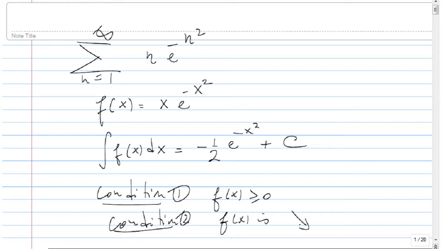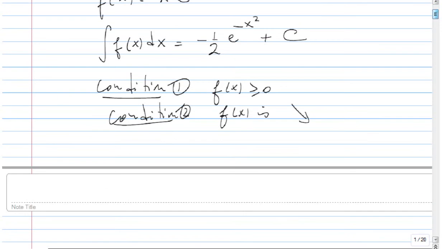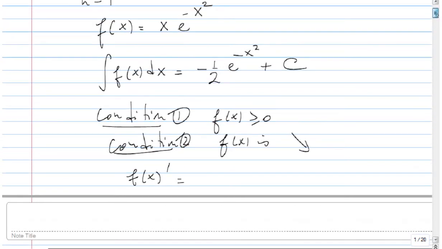One way to see that f(x) is decreasing is to look at the derivative. So we have f'(x), and here we use the product rule from calculus 1.